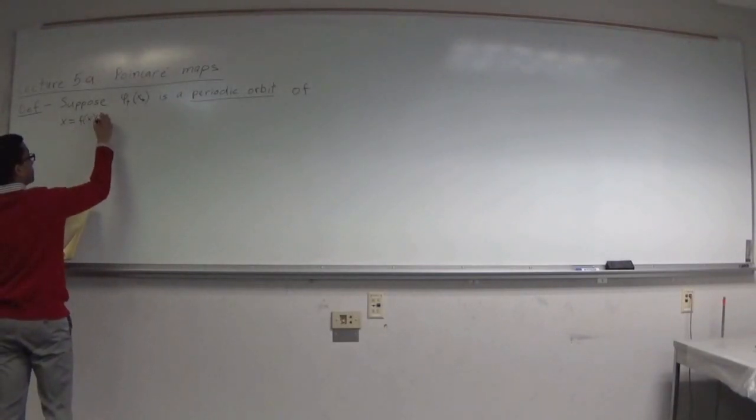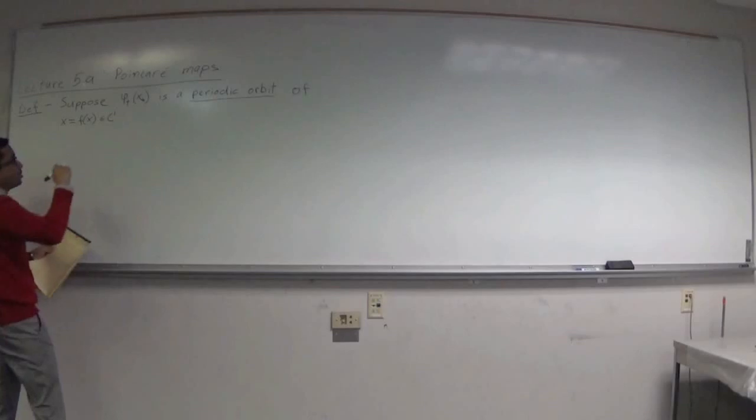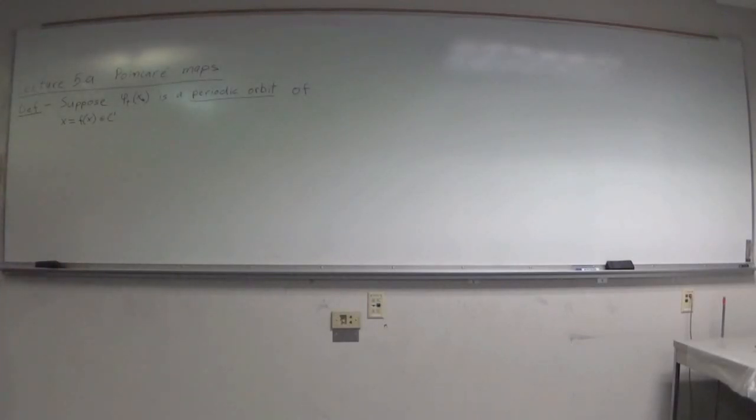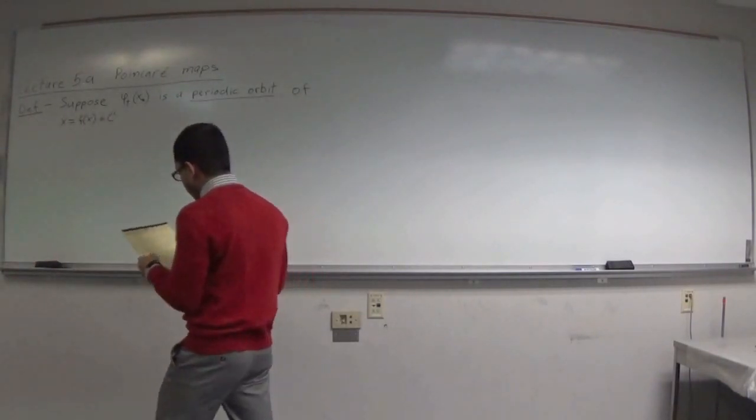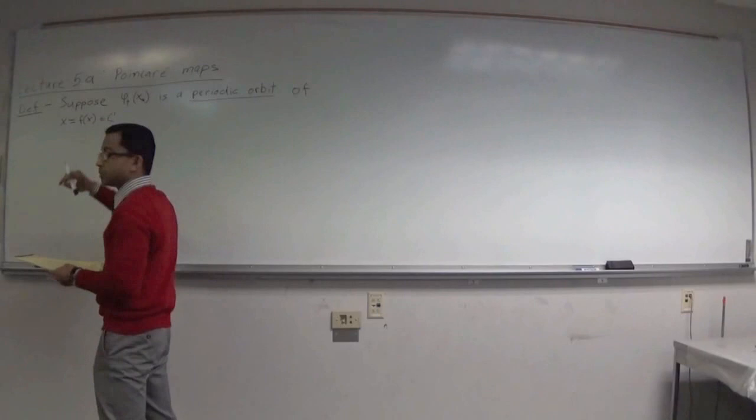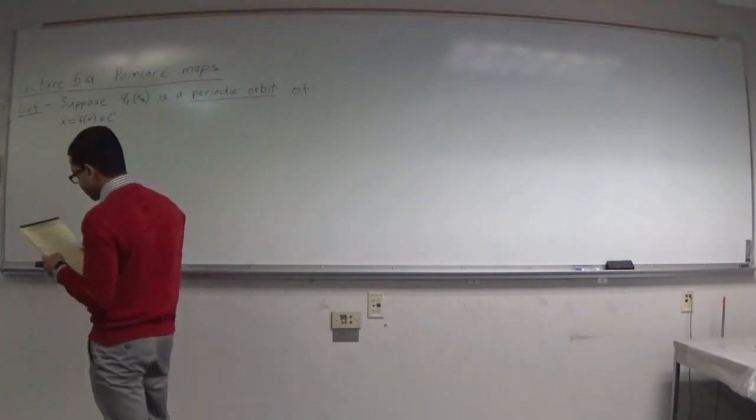We're going to denote it as C1. C1 means continuously differentiable. C2 means it has two derivatives that are both continuous. So that's what that means. This has at least one derivative that is continuous.